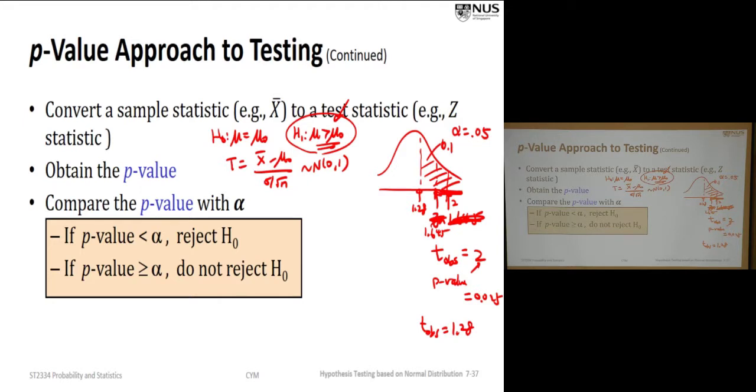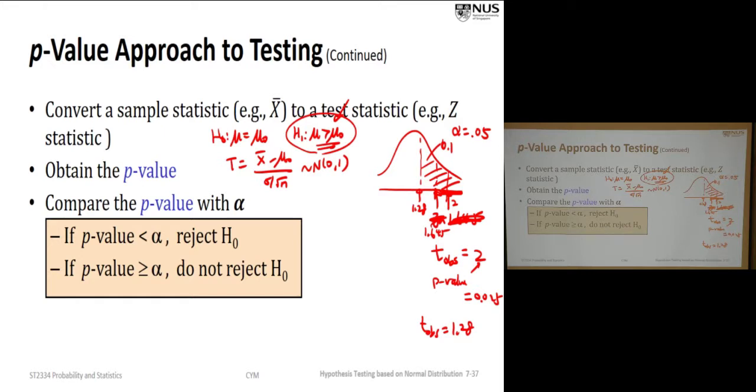Why do I say it's not extreme? Because we compare with 5%. So 10% is not too small. That means if H0 is true, the chance that I see something more extreme than what I see now, which is 1.28, is quite high. It's a 10% chance, so that number is not that small. So that's the idea behind the p-value.